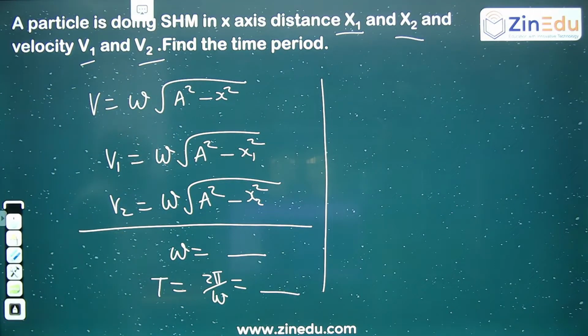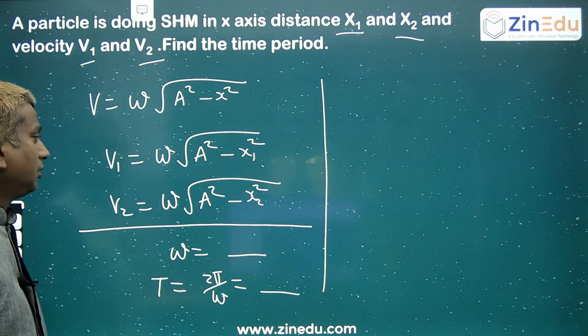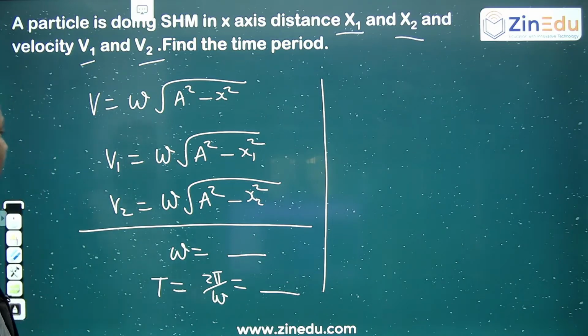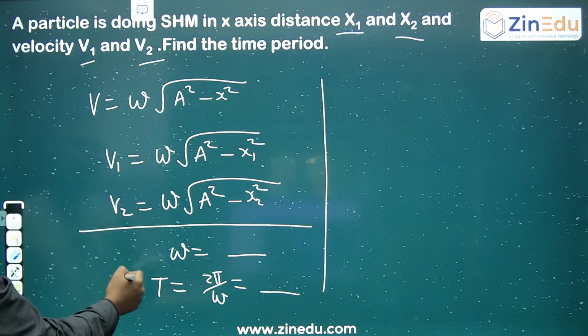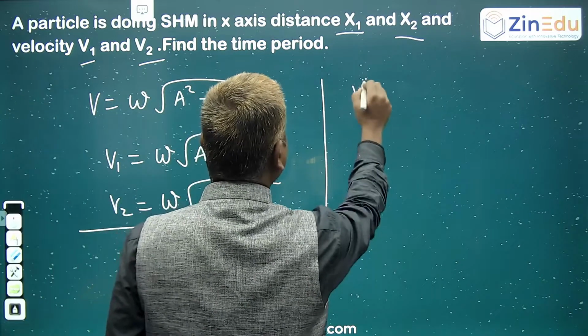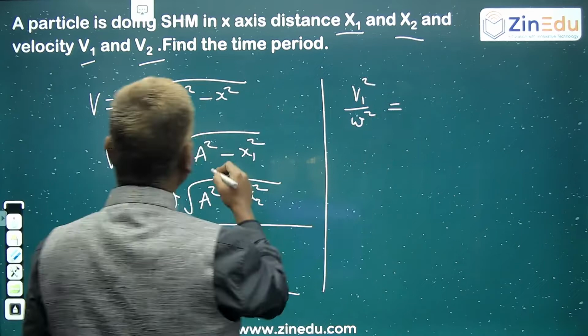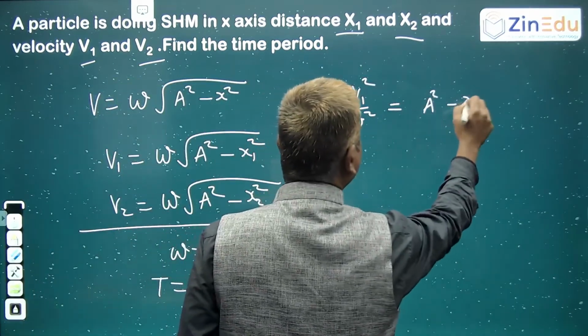It is clear? Right. You can square it on both sides, very easy, and you can eliminate a also. If you want to solve that, v1 square by omega square is equal to a square minus x1 square.